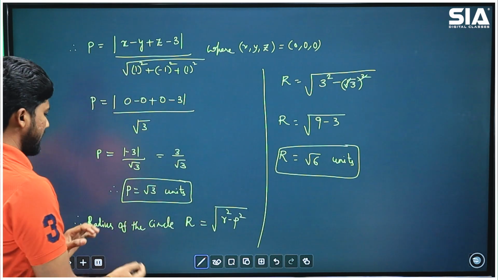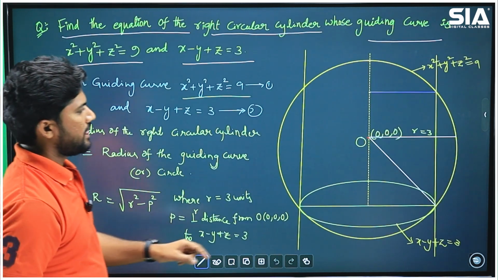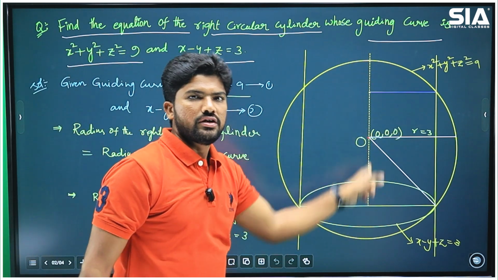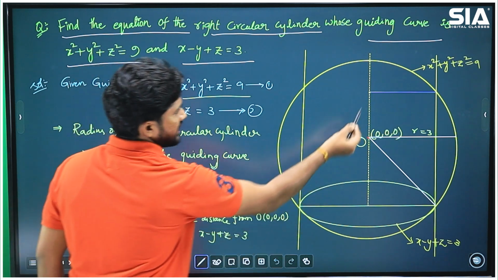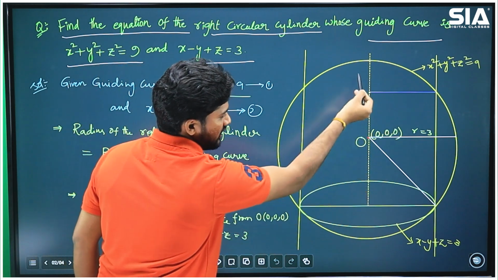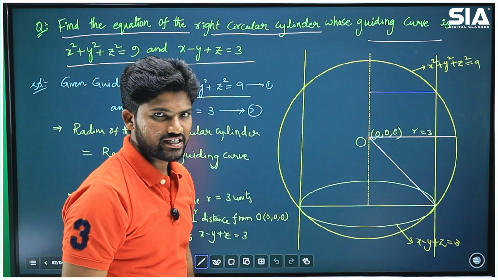Now we have to derive the equation of the axis of the right circular cylinder. What is the axis of the right circular cylinder? Here you can see the dotted line. That dotted line is called the axis of the right circular cylinder.